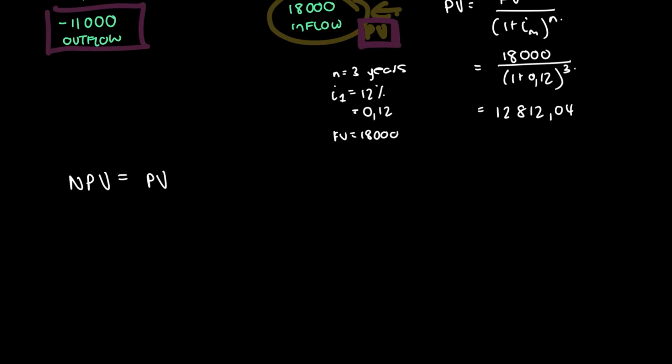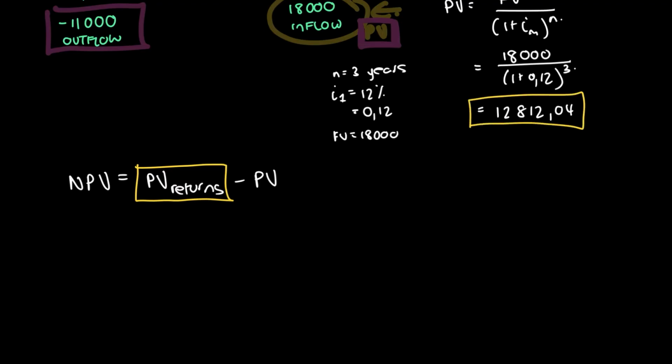the PV returns minus the PV, where the PV returns is the one from the bank. So how much we would need to invest in the bank to get the same return as the investment.